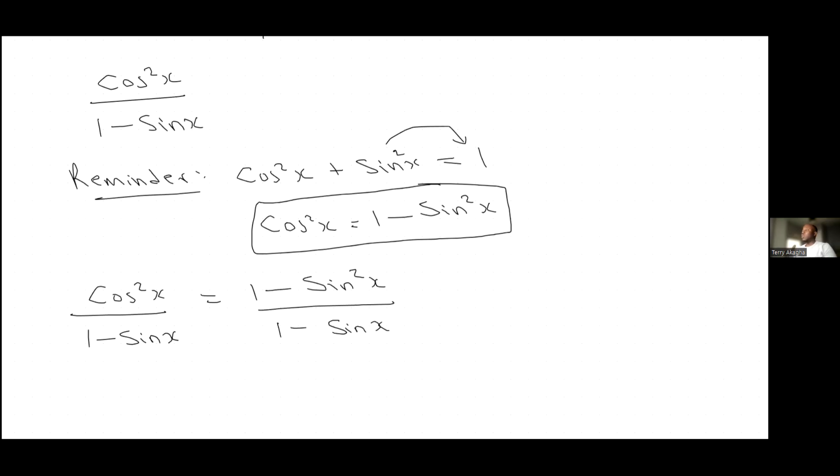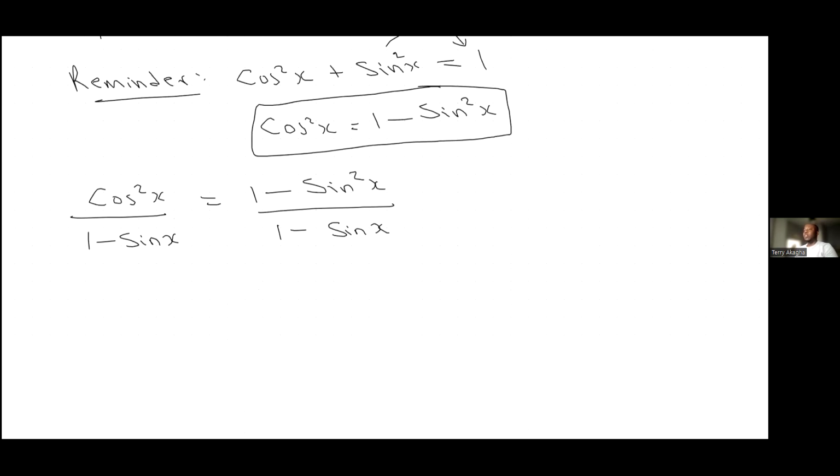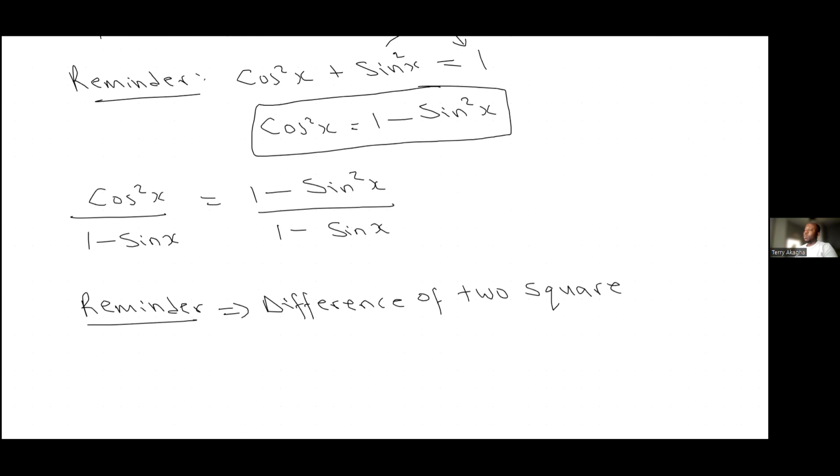Now, in basic algebra, I explained the concept of the difference of two squares. If you are confused, I think I labeled the video difference of two squares. So if you remind yourself, a squared minus b squared is equal to a minus b times a plus b. We talked about this in that video.